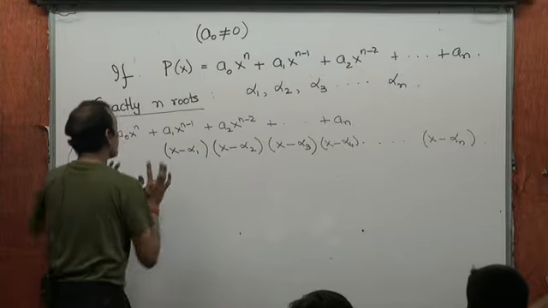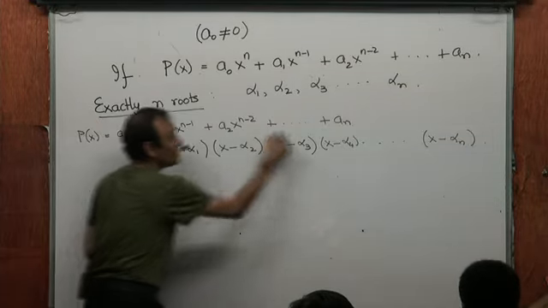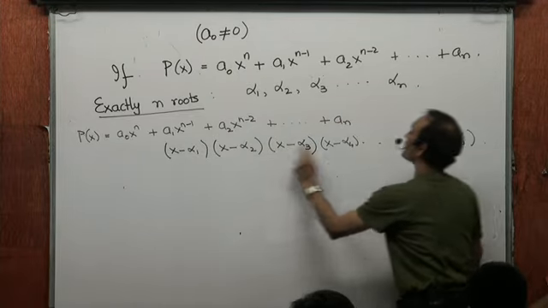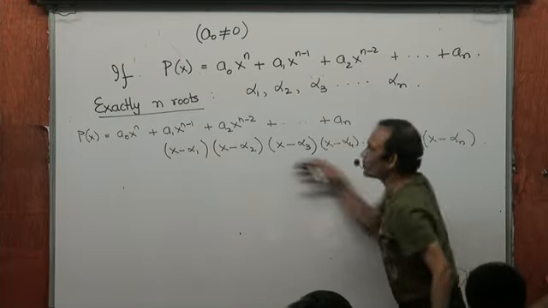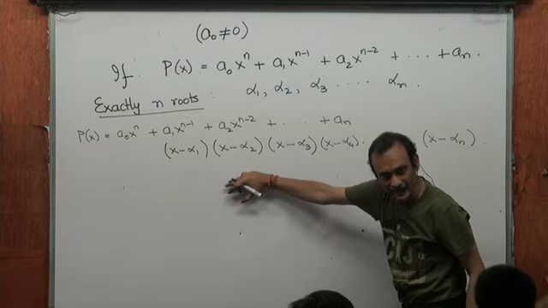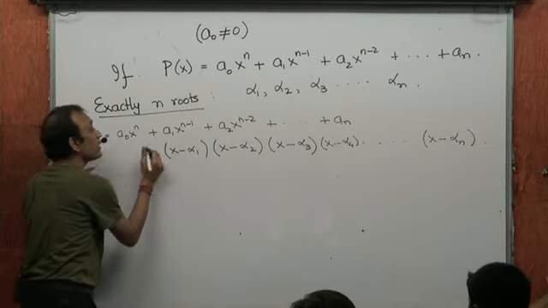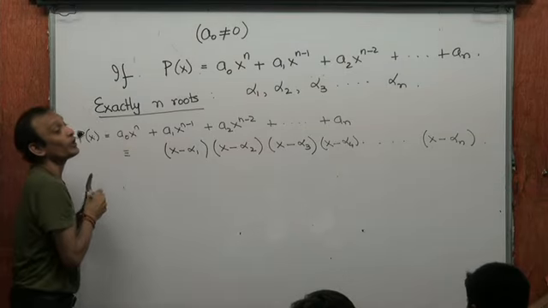Now the important thing is this is a polynomial of degree n, this is also a polynomial of degree n. See, x into x into x into x into x. The highest power of x is n. So this is also a polynomial of degree n in x. But is this polynomial identical to this polynomial?